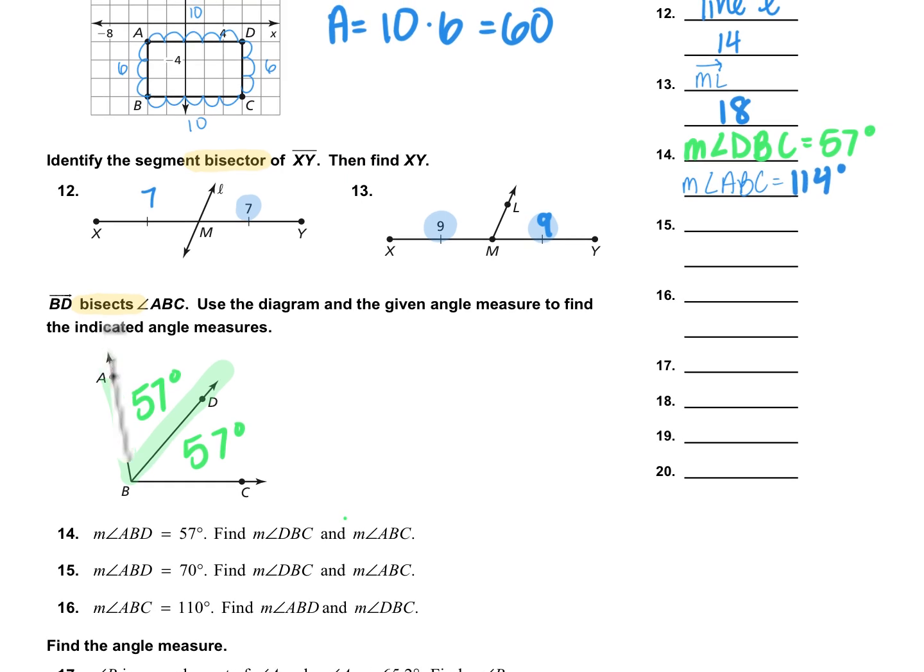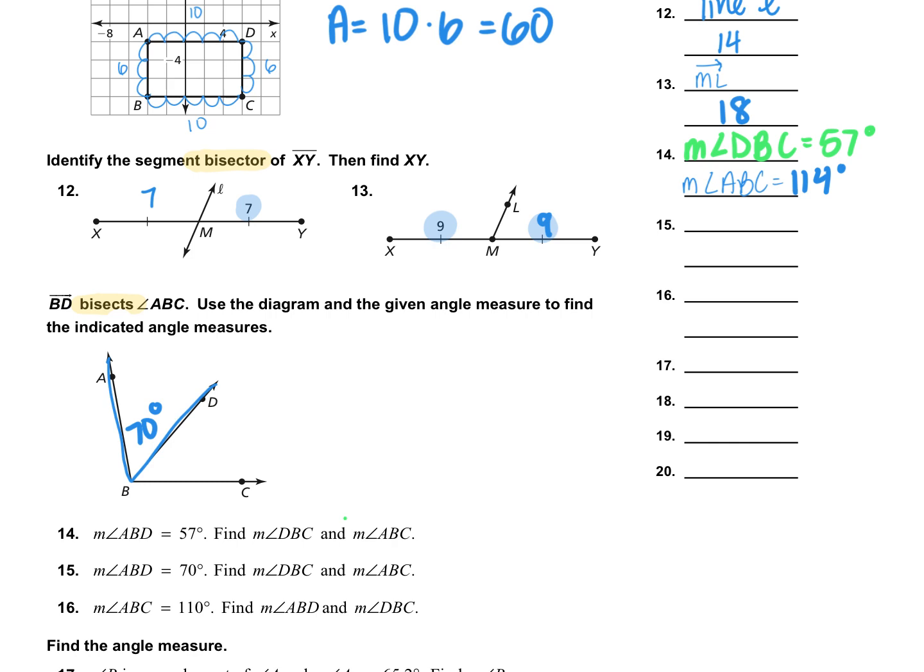So I'm going to go ahead and erase this to now go to question 15. The measurement of angle ABD right here is 70 degrees. Find the measurement of angle DBC. Who could tell me the measurement of angle DBC?